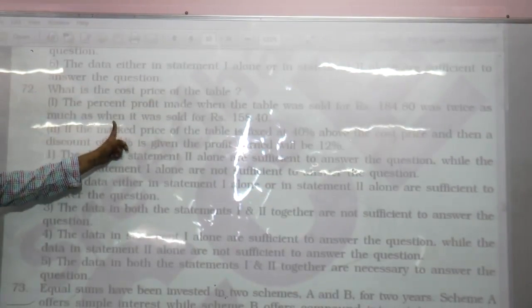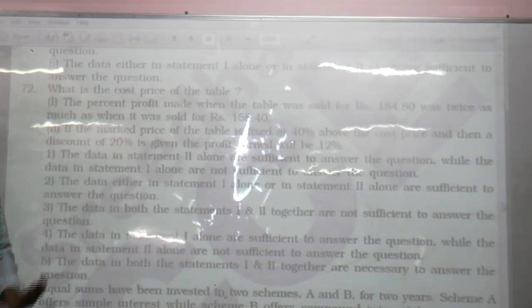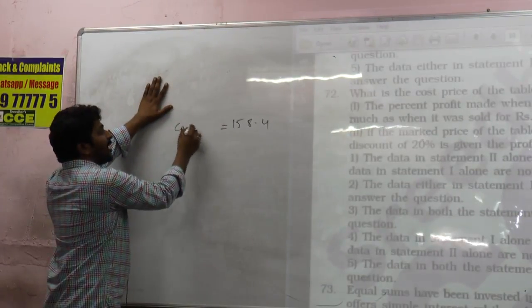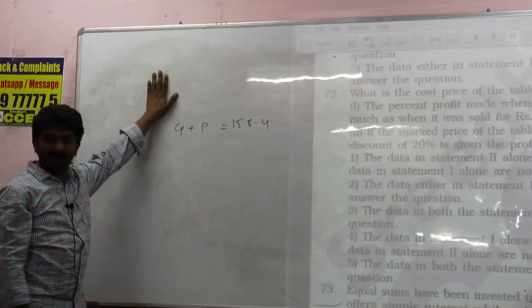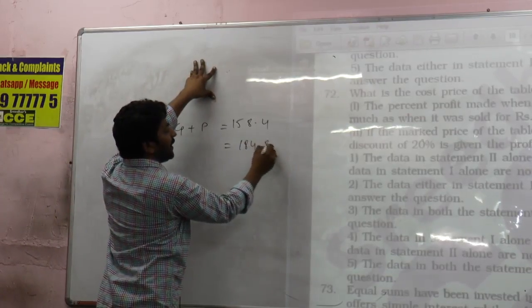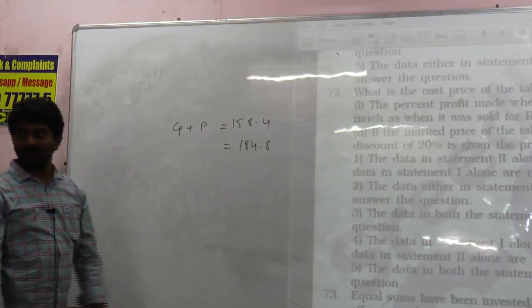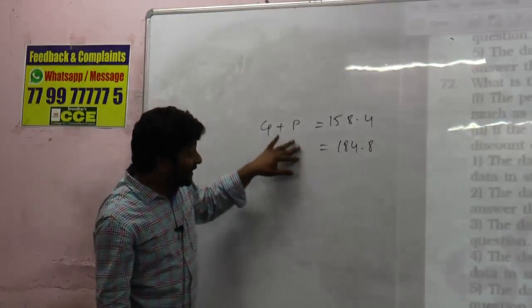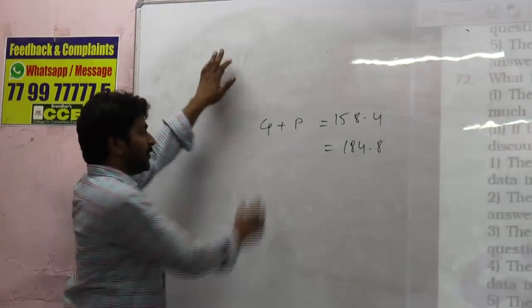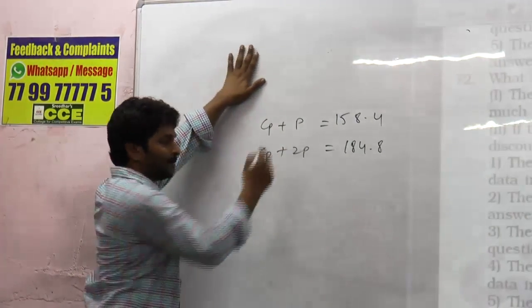From this information, will you get answer or not? 158.4 is selling price, which is cost price plus profit, and here you have 184.80, and profit obtained in this case is 2 times of profit obtained in the previous case. So this is cost price plus 2p.